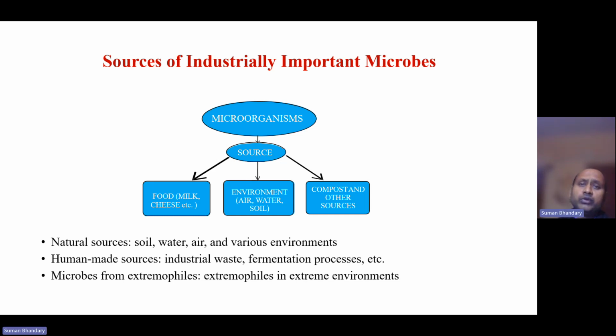If you look into the natural sources, here natural sources means we can find microorganisms from soil, from water, as well as from air. In soil, we can find actinomycetes, mostly Streptomyces species, and these species are well known for producing different antibiotics.